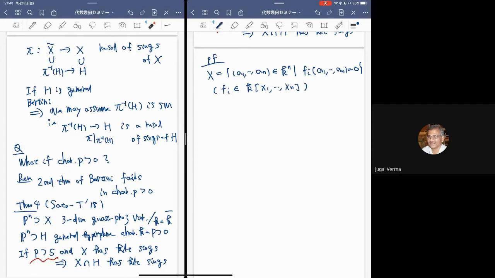Then, of course, X corresponds to the quotient ring of the polynomial ring over F_1 through F_r. Let me denote this ring by R. Then X has KLT singularity means R is KLT. Precisely speaking, every localization of R is KLT.